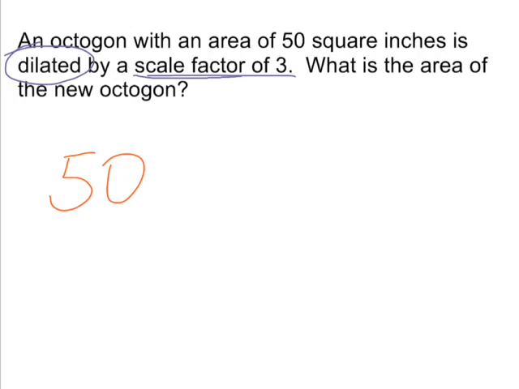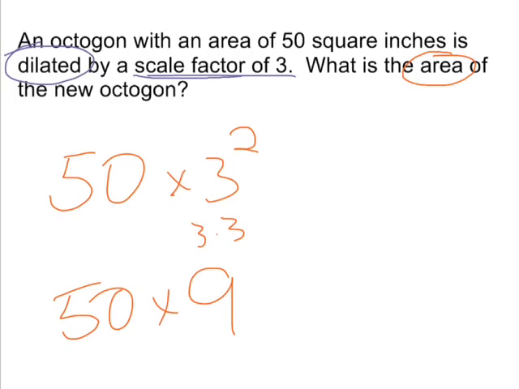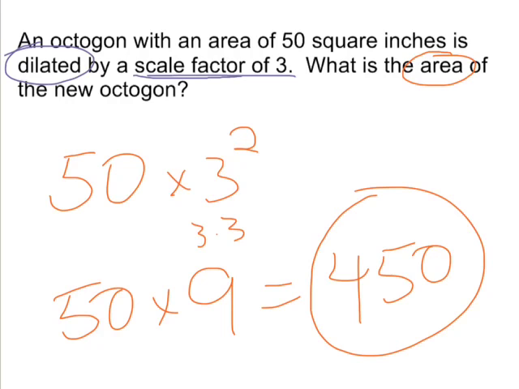And since we are trying to determine the new area, we're going to multiply times the scale factor squared. Well, I'm sorry, I put a 3. Let's back that up. 3 squared, the scale factor squared. So when we take 3 and square it, which is the same as saying 3 times 3, we get 9. So it's going to be the original 50 times 9, which equals 450. So the new area is going to be 450.